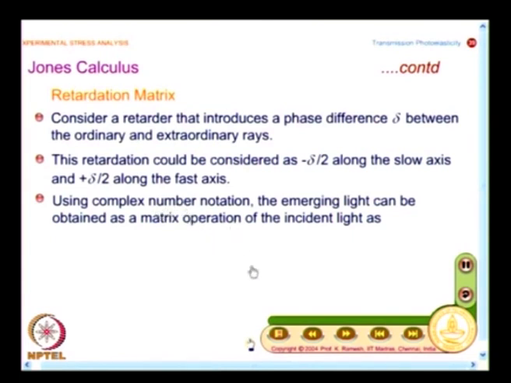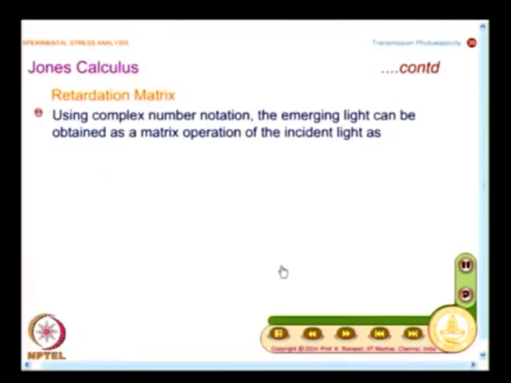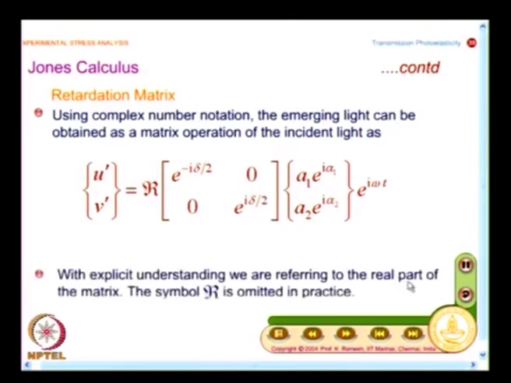And when I do this, I can represent the retardation introduced within the model comfortably like this. So, what I have here is u prime v prime, which is equal to, we take the real part of e power minus i delta by 2, 0, 0 and e power i delta by 2.